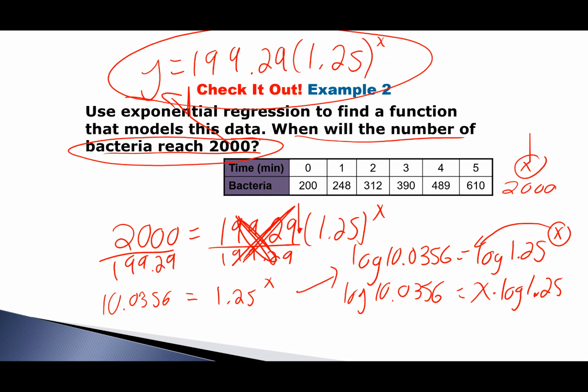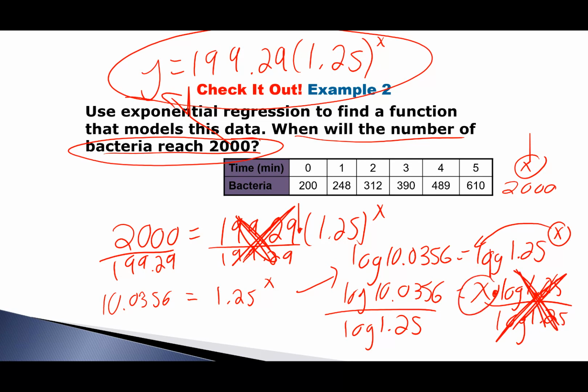Because this is x times the log, I'm able to divide by this log to cancel it out, but I have to divide this side by that same log, log 1.25, as well. So that'll go away, and it'll be x equals whatever I get when I divide my two logs.